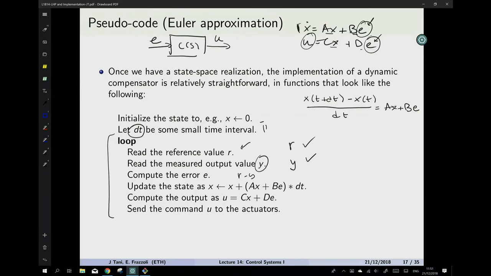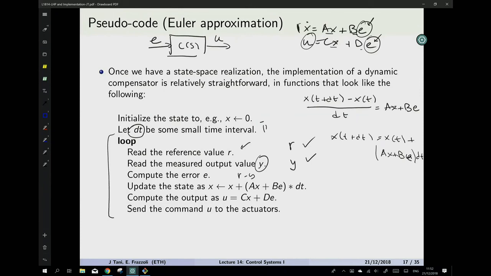So this means that x at the next time instant is equal to x of t plus ax plus bu times dt, where actually u is e. Okay? So you compute x in this way. You just get the old x that you initialized at the beginning, and you add that ax plus be part times dt. And then you have x.